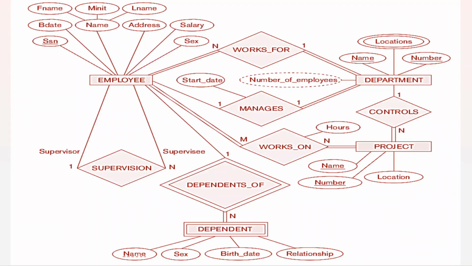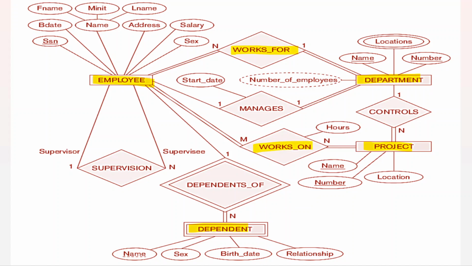In the last lecture we already covered attributes. For example, employee is an entity, department is an entity, and project is an entity, dependent is a weak entity, and all the others are strong entities. In the same way, in the works-for relationship, multiple entities are linked together with some relationship. Here the employee and department are linked through the works-for relationship, and the employee and the project are related with the works-on relationship.